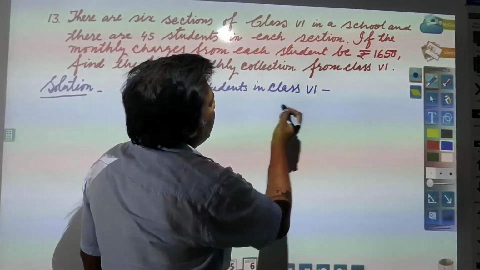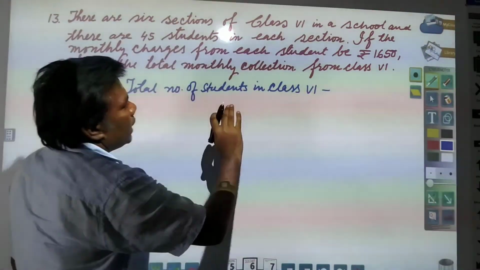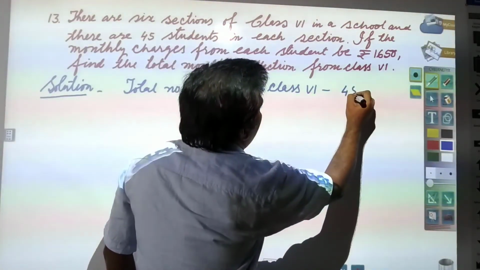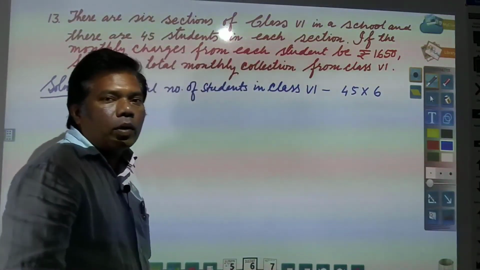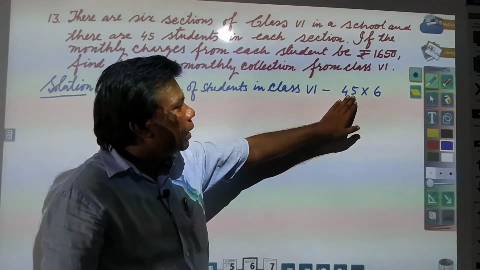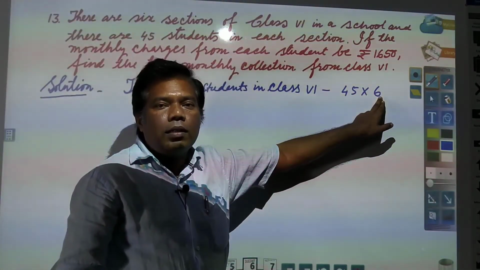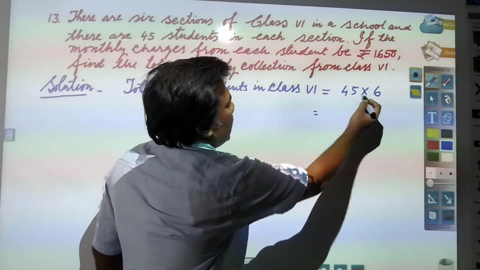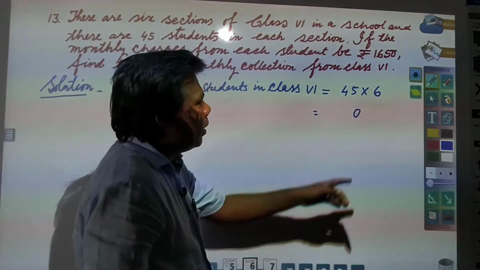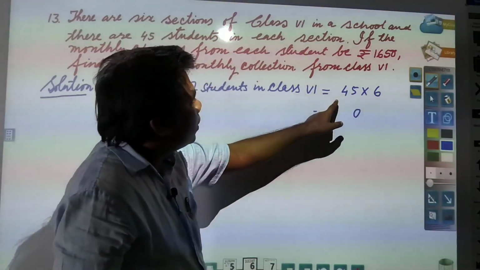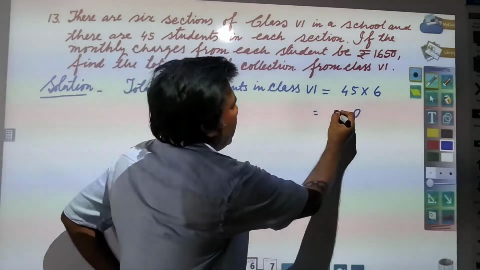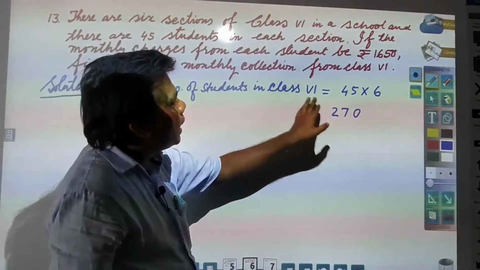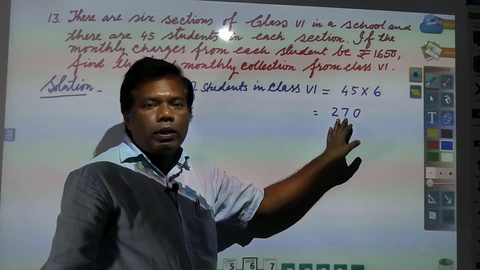Total number of students in class 6 will be 45 into 6, because in one section 45 children are there and 6 sections are there. So this will be how much? 6 5s are 30, 3 you have, 6 4s are 24 and 3, this will be 27. So number of students in class 6 is 270.